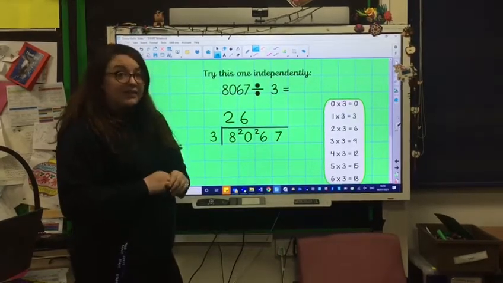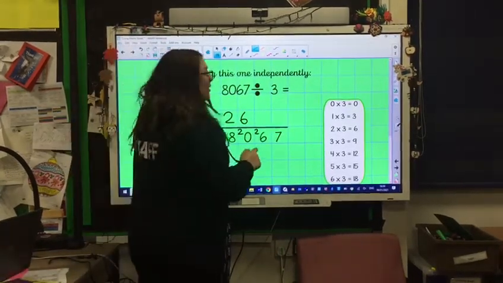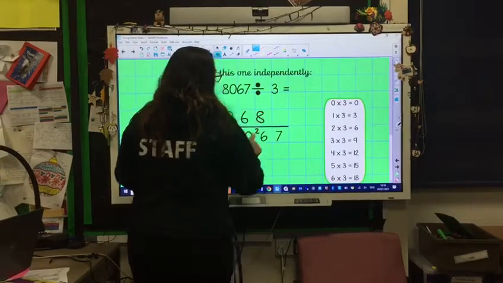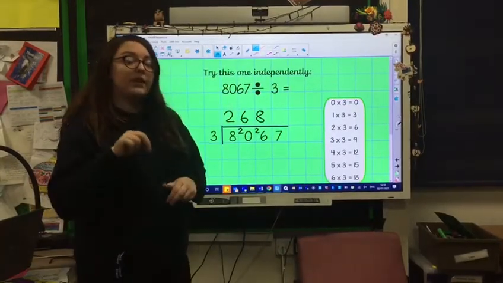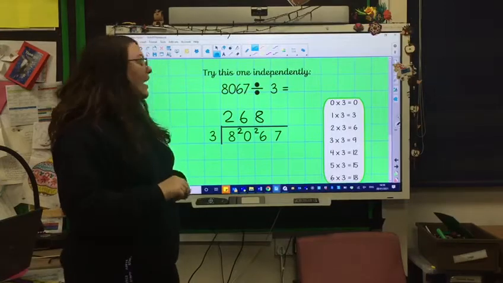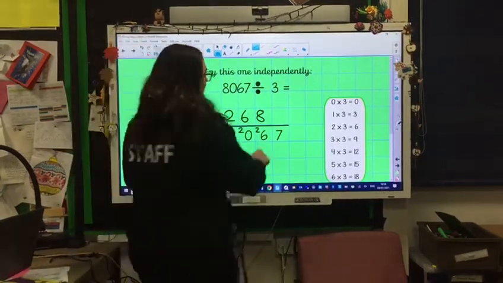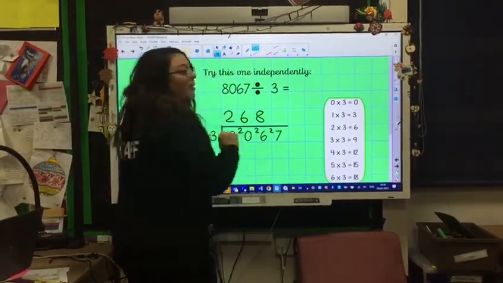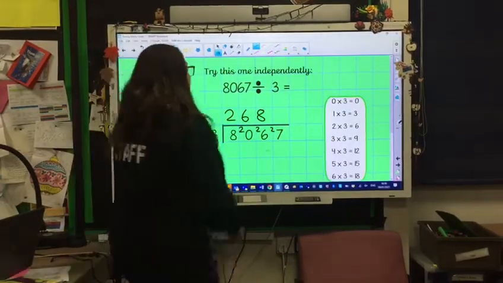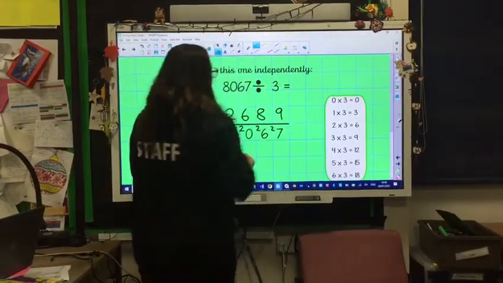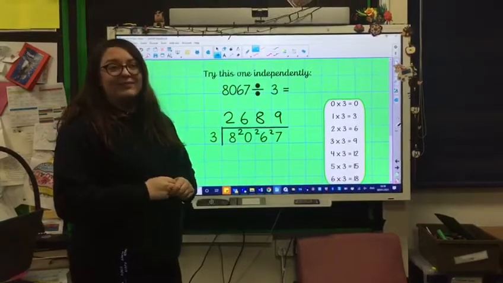The answer is 8, because the closest you can get to it is 24. If you had 24, how many would you have to count on to get to 26? Again, the answer is 2. And then how many 3's go into 27? Hopefully you'll all be able to tell me that the answer is 9. So that should be your answer.